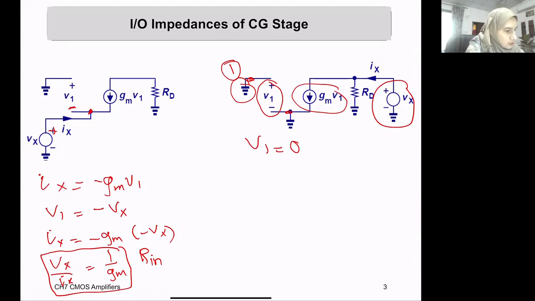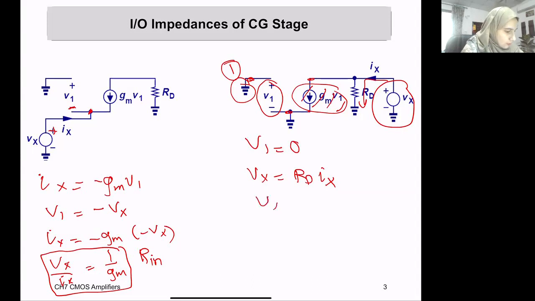Now, this will make the gm V1 current source equal to 0. Because V1 is 0, this is like an open circuit, no current is coming here. So all of Ix will go into the RD path. So Vx will equal RD times Ix, again because all the current will go into RD, nothing is going into that direction because V1 is equal to 0, and this makes the current source gm V1 nonexistent.